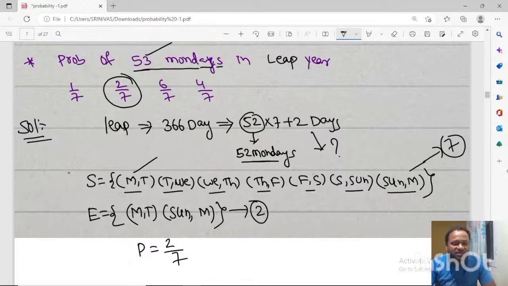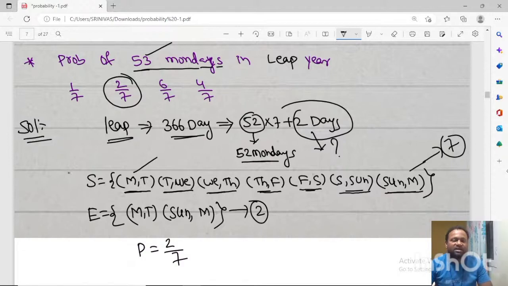How 2 out of 7? Once again I am repeating, just check it. Leap year has 366 days. Here we will have extra 2 days. Those 2 days may be Monday, Tuesday, or Tuesday, Wednesday, Wednesday, Thursday, Thursday, Friday, Friday, Saturday, Saturday, Sunday, Sunday, Monday.